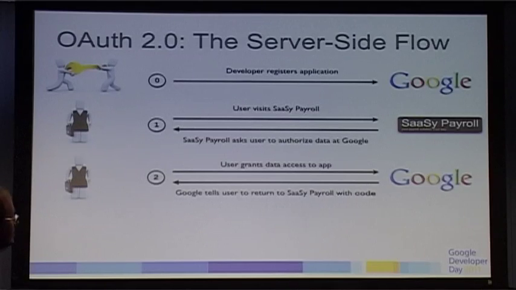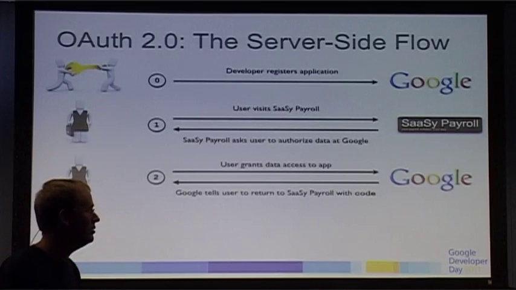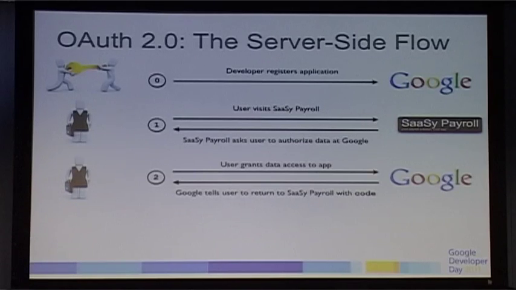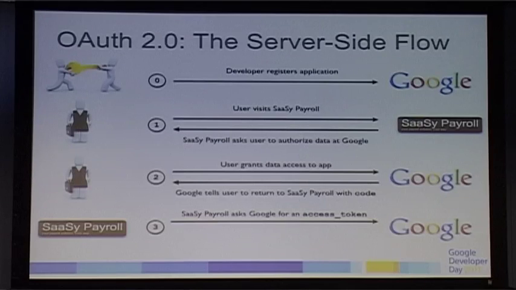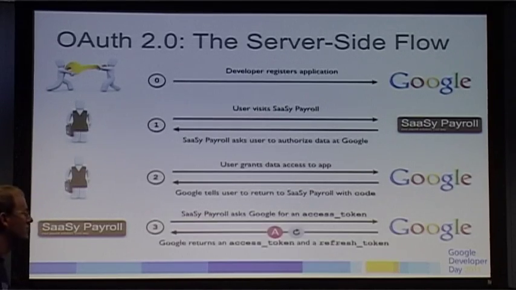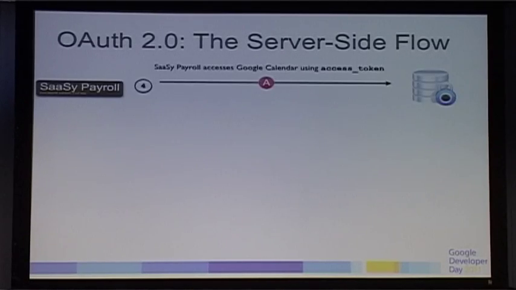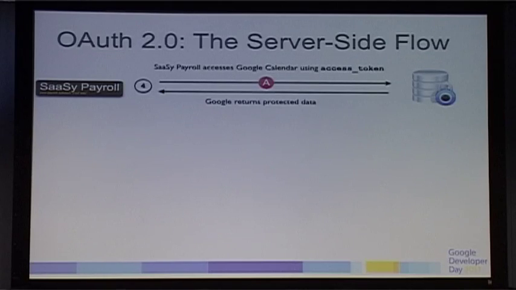Google returns the user to SaaSy Payroll with this authorization code as a query parameter. SaaSy Payroll asks Google in this server-to-server call for an access token. Google returns this access token and a refresh token. Then the application SaaSy Payroll can add dates onto the user's Google Calendar by specifying the access token.